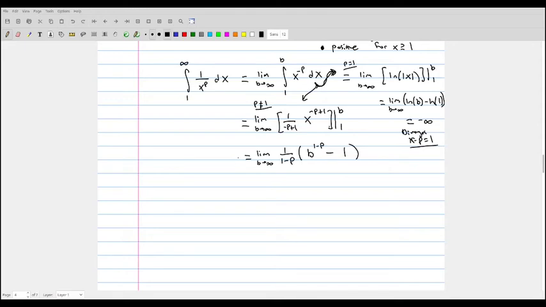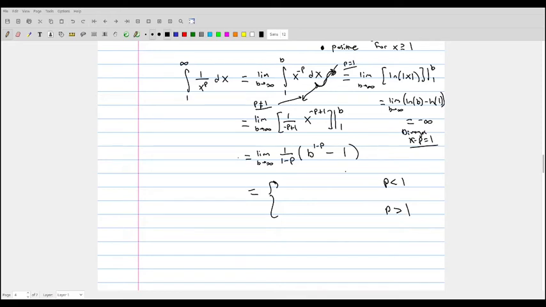And for any other value of p, this is the antiderivative. This is p not equal to 1. And this limit only exists in two possibilities: if p is less than 1, or if p is strictly greater than 1.